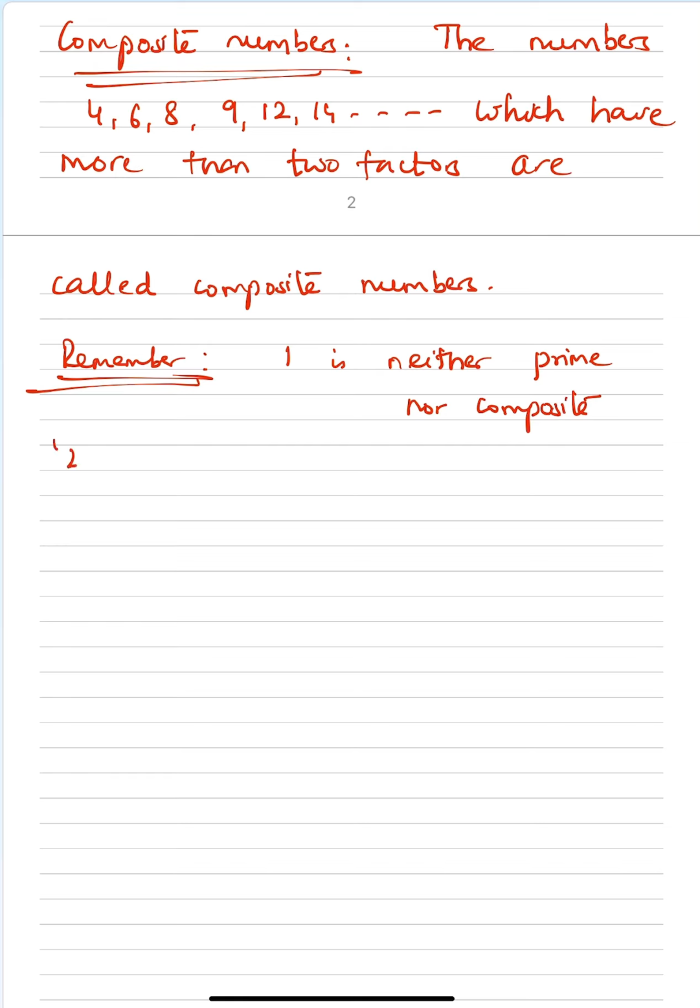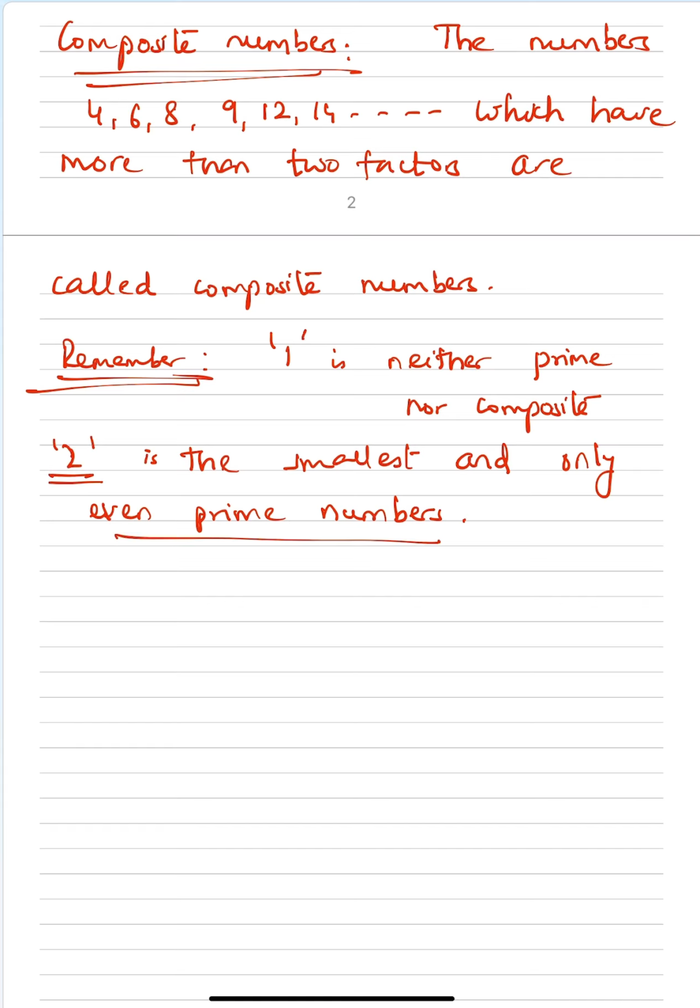And for 2, it is the smallest and only even prime number, otherwise all prime numbers are odd. This they can ask you in a blank or in MCQ. Okay, one is neither prime nor composite, and 2 is the smallest and the only even prime number. So this was about the prime numbers and composite numbers.